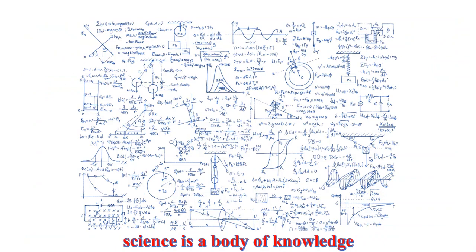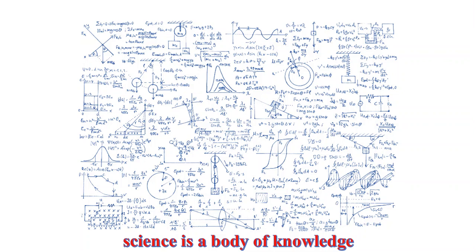Now, one last thing I'd like to make about teaching science, learning science, because again, sometimes students get caught up in what's the answer, what's the right answer, instead of recognizing that there are more dimensions to the subject than just the answer to the problem. First of all, science is a body of knowledge.